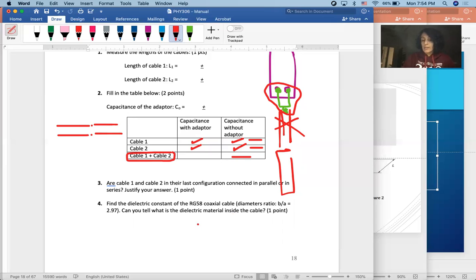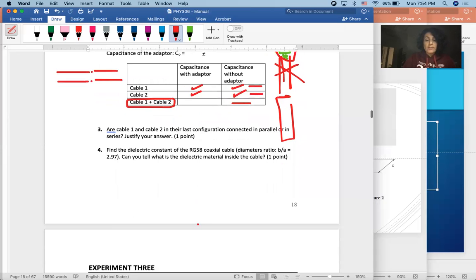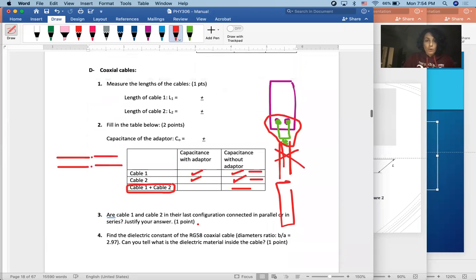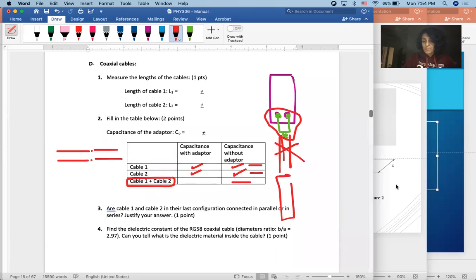Go online, get some dielectric constants, and try to guess whether this K would mean you have, say, cardboard inside. Try to find whatever list you can. It doesn't matter what you find, it's only for you to make use of any measurement or result you get. Okay, so this is basically part 4 that we missed.